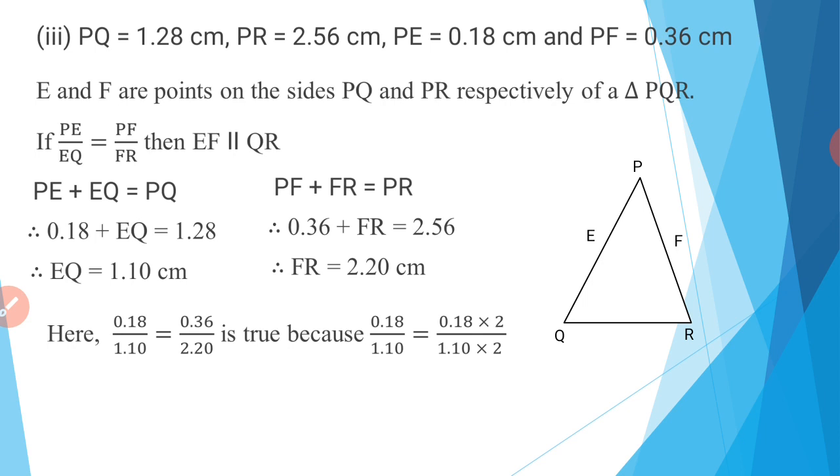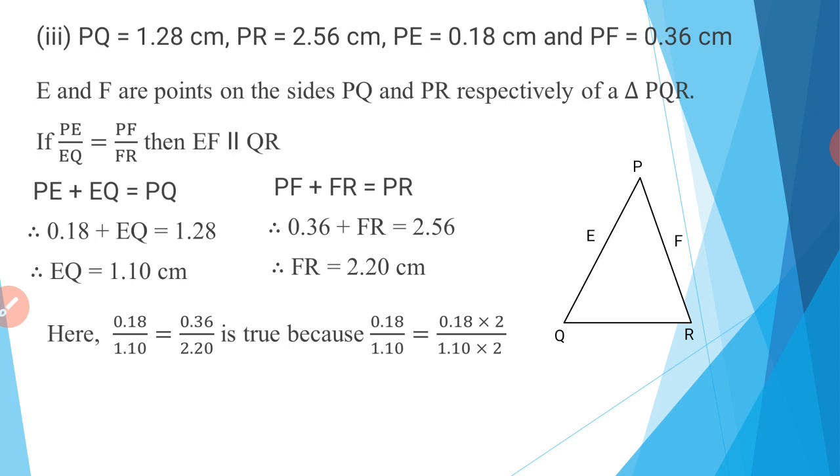PE plus EQ is equal to PQ because point E is on PQ. 0.18 plus EQ equals 1.28, therefore EQ equals 1.10 centimeter. The same way PF plus FR equals PR because point F is on line PR, therefore 0.36 plus FR equals 2.56, therefore FR equals 2.20 centimeter.